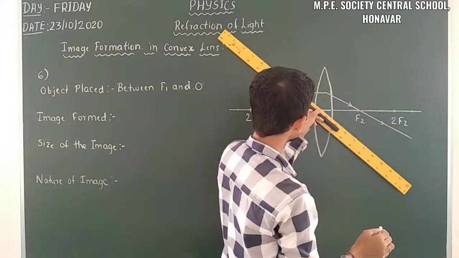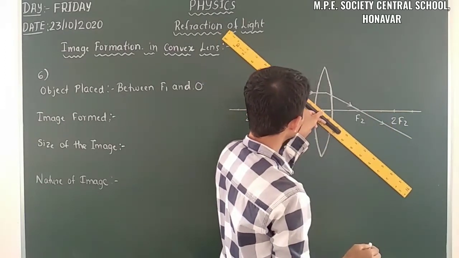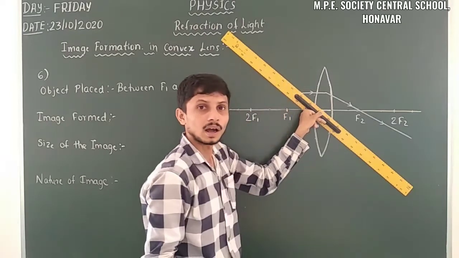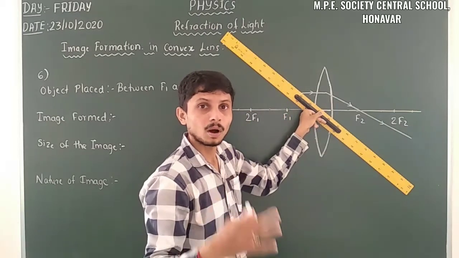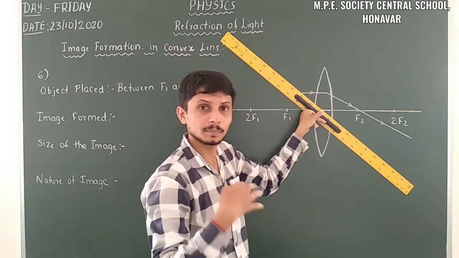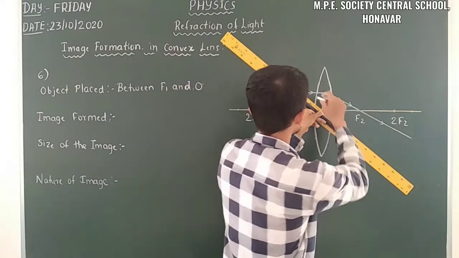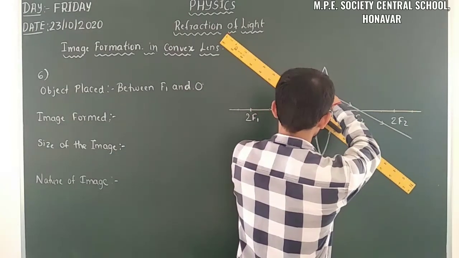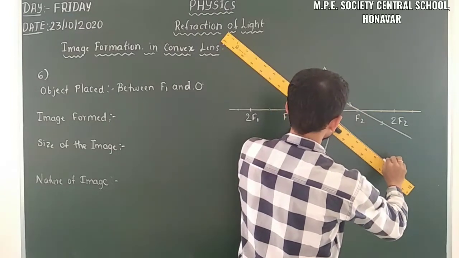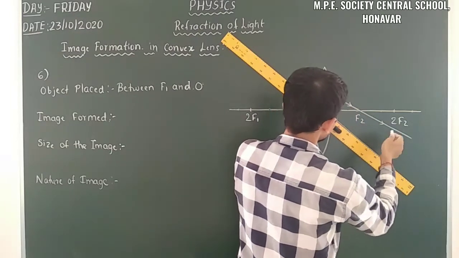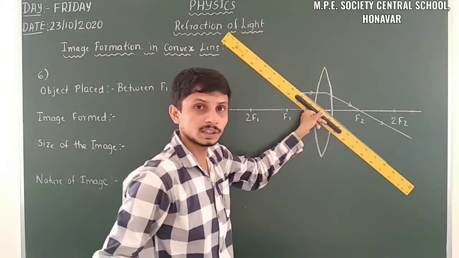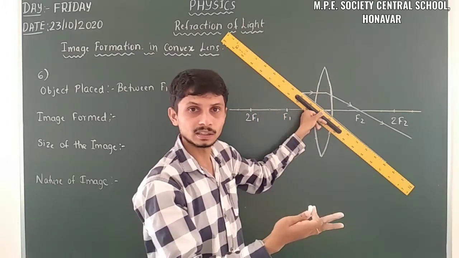And in this case, after passing through the optic center, the other ray emerges without any deviation. Just look at those two ray behaviors here. They are not intersecting at infinity.